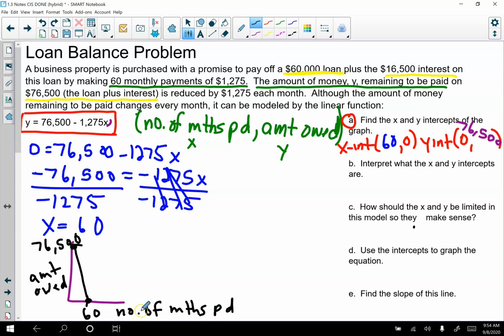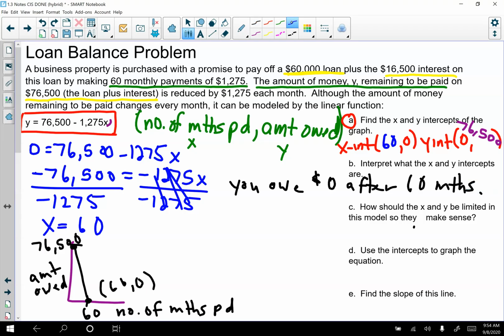So the number of months paid is 60, you'd have 0 left that you would owe, because this point here is 60, 0. So I'm going to write this up here, sorry. You owe $0 after 60 months.